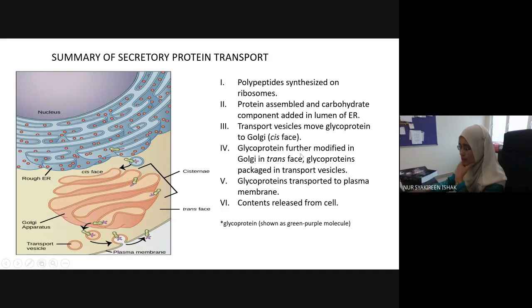Okay, so glycoproteins are further modified in the trans face. Glycoproteins are packaged in the transport vesicle. So this becomes the transport vesicle. So glycoproteins are transported to the plasma membrane and contents released from the cell. In this case, it becomes glycoprotein lah, kan, which is embedded in the plasma membrane. Ada yang embedded, ada yang secreted out. Okay.